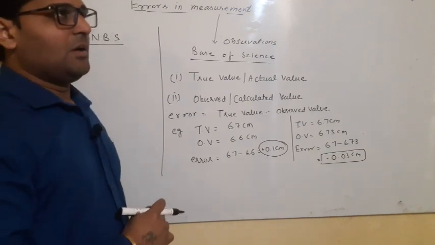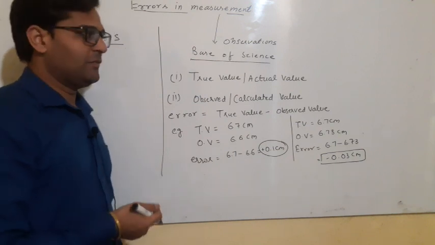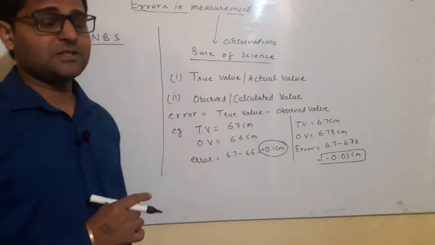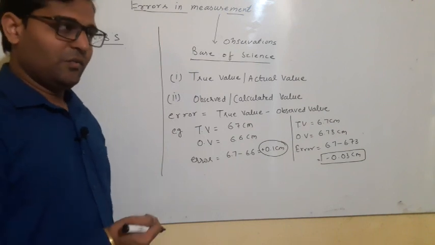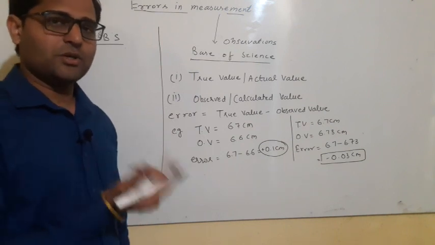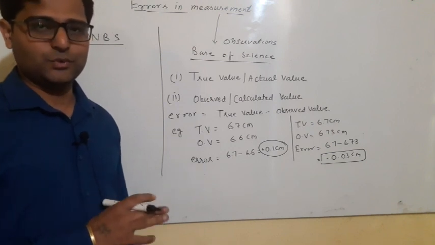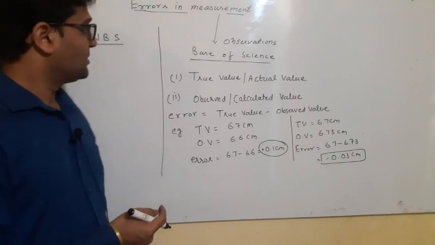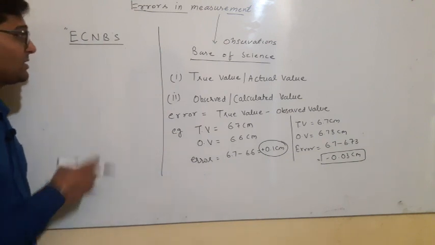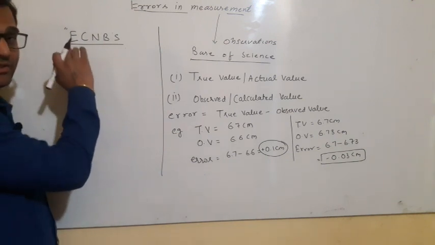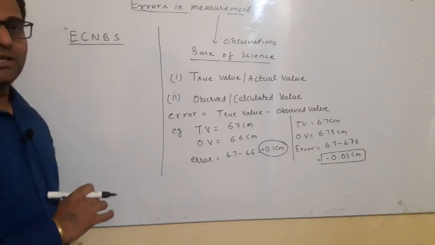See, if we have committed any mistake in our life, then we cannot eliminate that mistake at all. But we can do one thing: we will not repeat that mistake in our future. This is the difference between the elimination and the reduction. So we can't eliminate the errors, but we can reduce or minimize the errors.